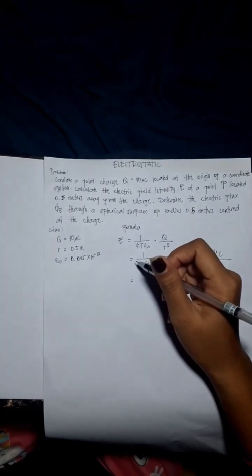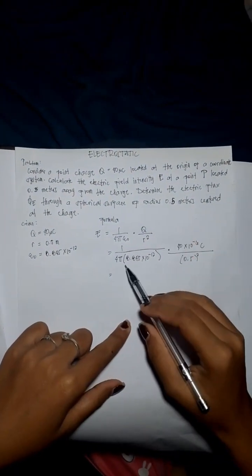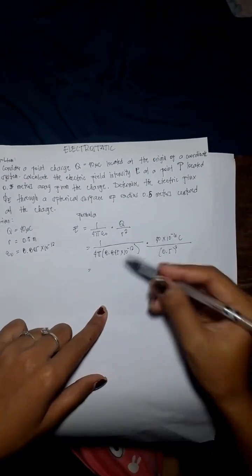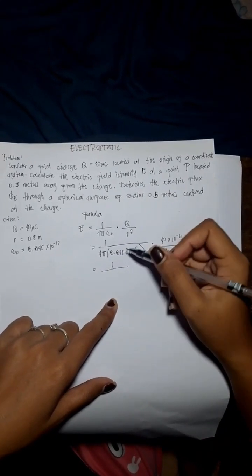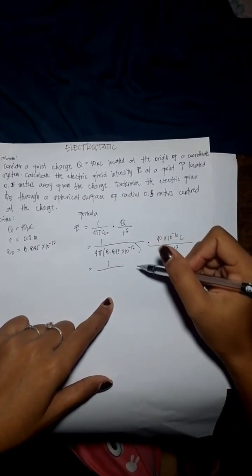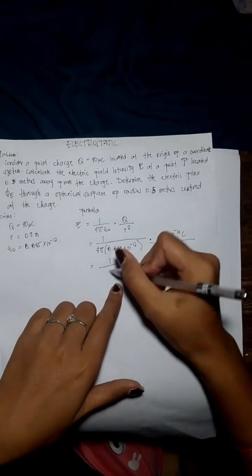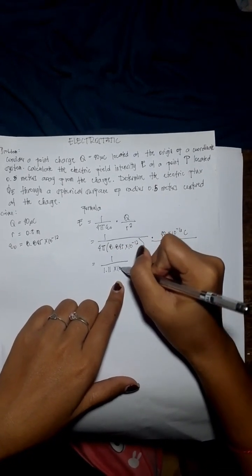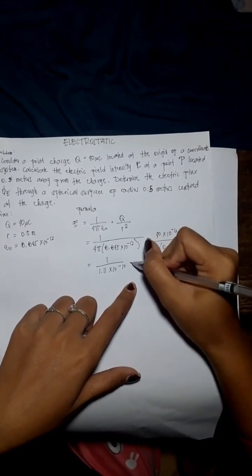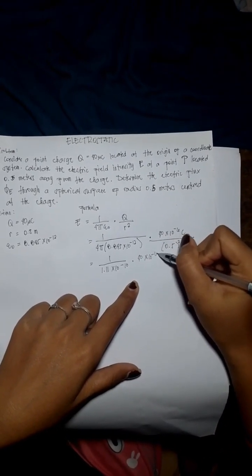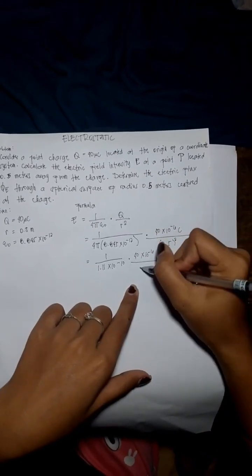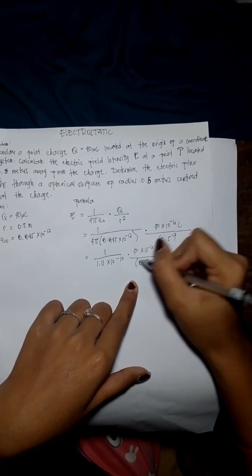So, we now solve this. First, let's solve the denominator 4 pi so it will be easier for us. 4 pi times 8.845 times 10 to the negative 12 is 1.11 times 10 to the negative 10. Then copy 40 times 10 to the negative 6 coulomb over 0.5 squared meter.